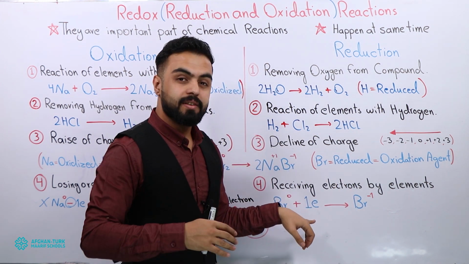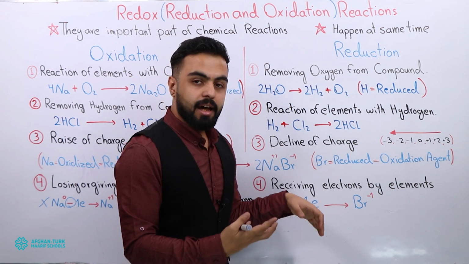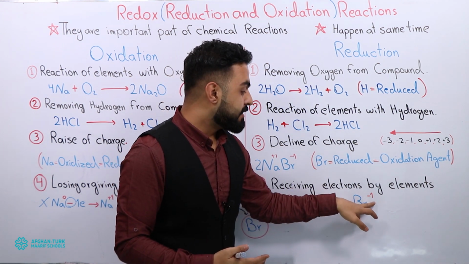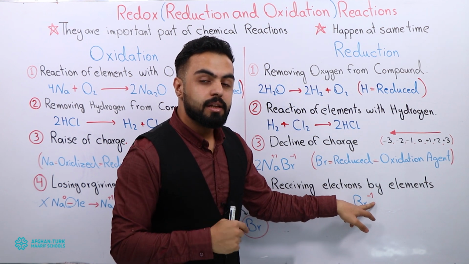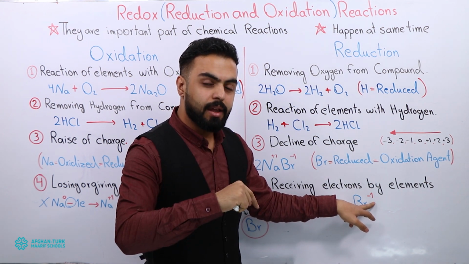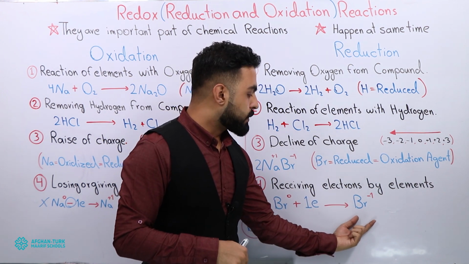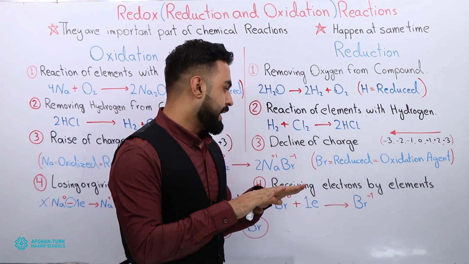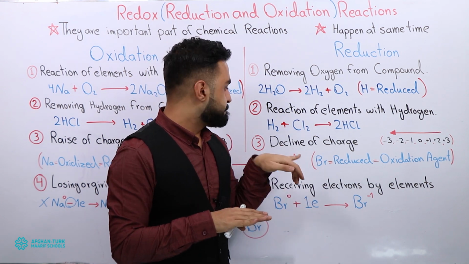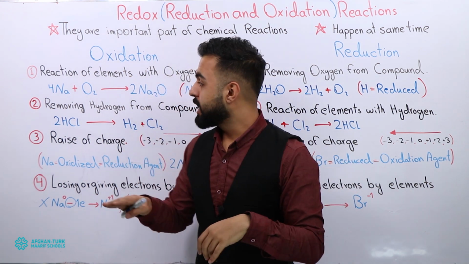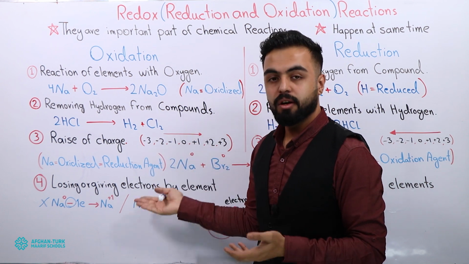Even though there is a rise in the number of the charge, they receive an electron. So electron has negative charge, that's why the charge is reduced. So reduction, we say decline of charge, and raise of charge, oxidation.